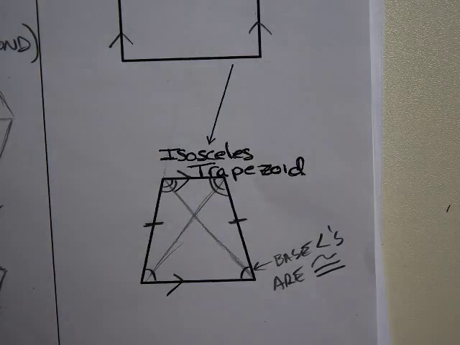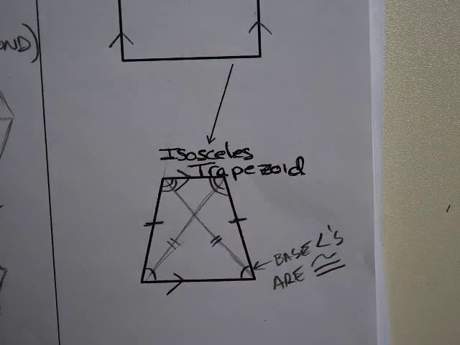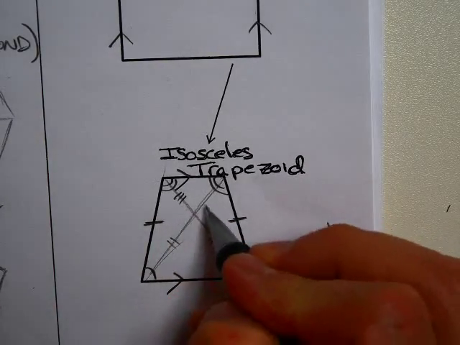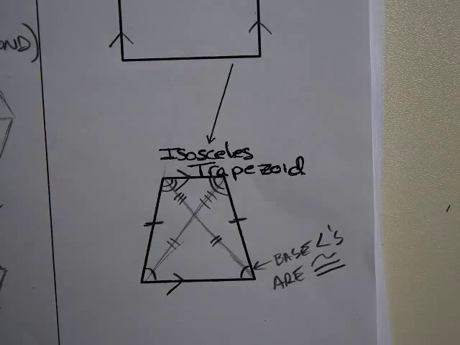They don't split in half, but they do make equal parts here and here. So they end up sort of making a couple of isosceles triangles in the shape. And I think that's enough for that.